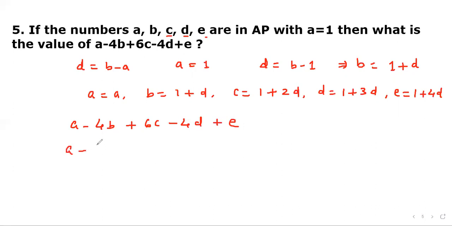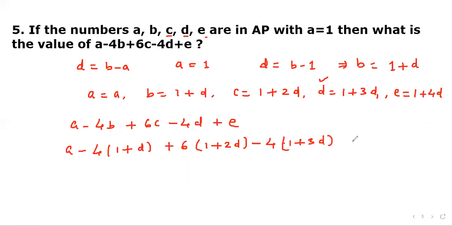So a is 1, minus 4 times b, b is 1 plus d, plus 6 times c, that is 1 plus 2d, minus 4 times d. Here in place of d, one can write 1 plus 3d. We can take this d as the term, whereas this d is common difference, so don't get confused. Plus e, 1 plus 4d. We simplify it, so we get 0.